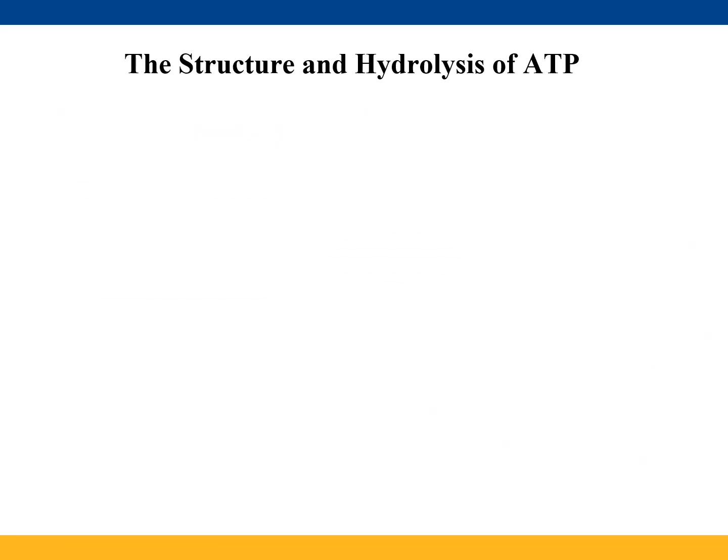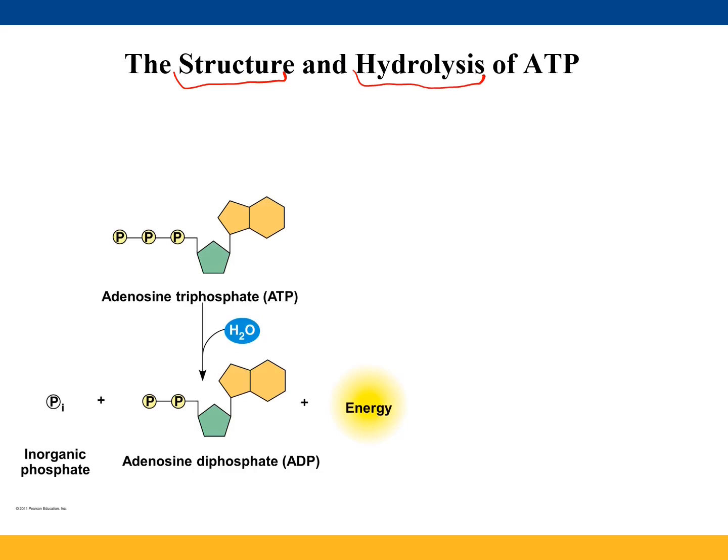Now we're going to talk about the structure of ATP and the hydrolysis. And to talk about that, I want you to see this schematic. Here you will have the ATP molecule, and here you will see a molecule of lower energy, that is the ADP. And the key to release energy, if you see here at the end there is a release of energy, is because this tail that you see here with three phosphates, you are going to break it.